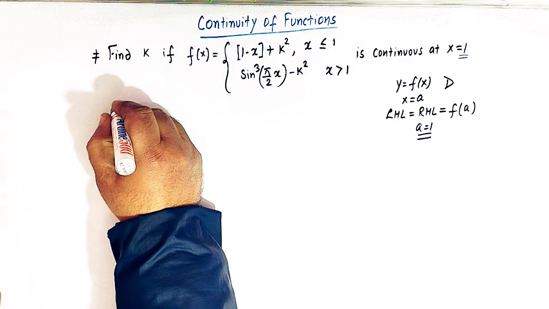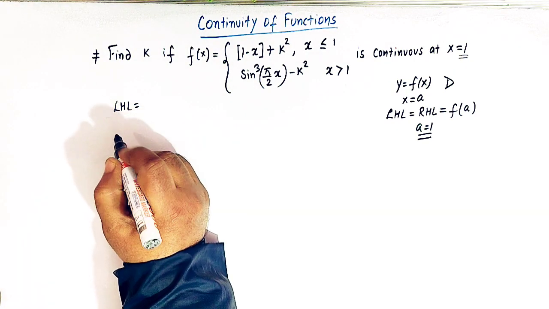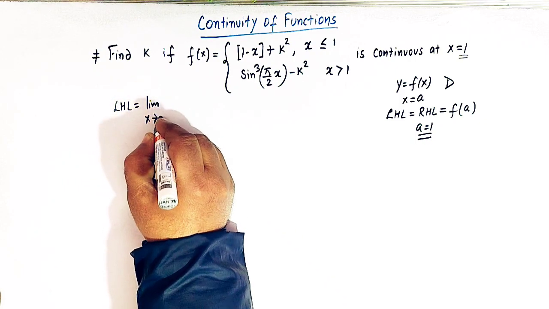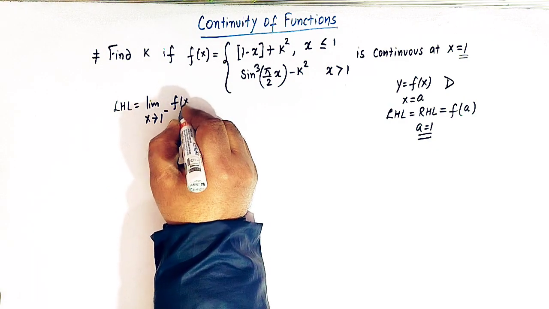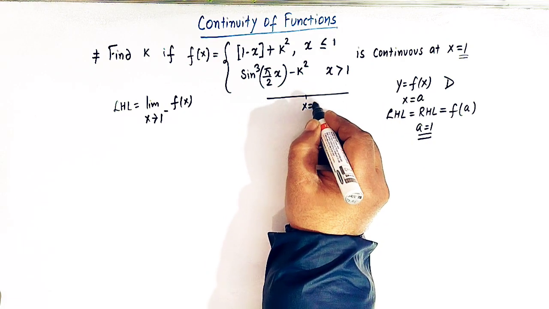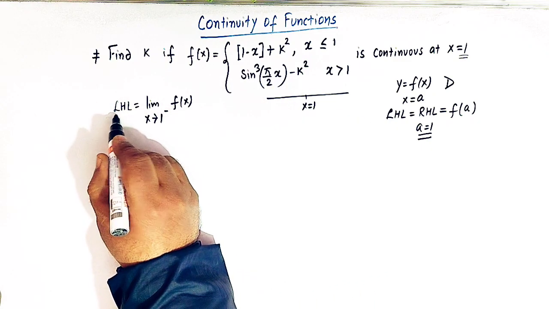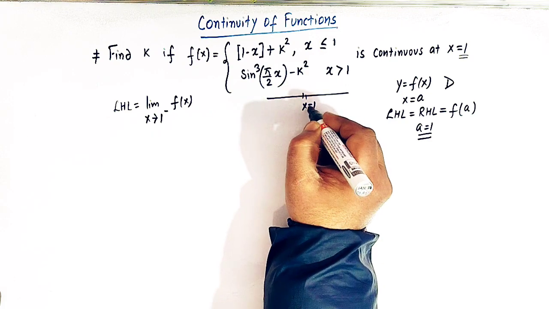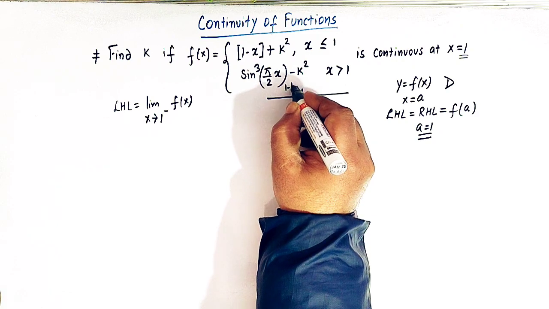Let us first find the left hand limit. The notation for the left hand limit is the limit as x tends to 1 with a negative sign over 1, of f of x. For finding the left hand limit, we take a point in the left neighborhood of x equal to 1, and this point is 1 minus h.